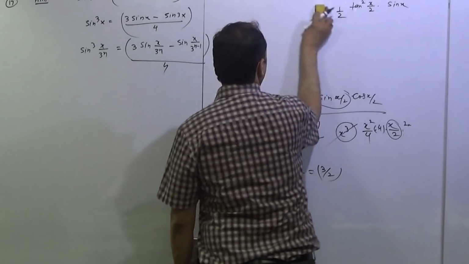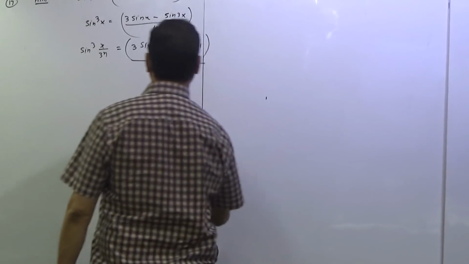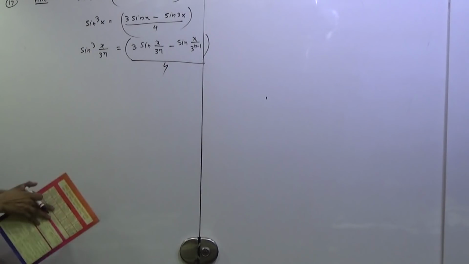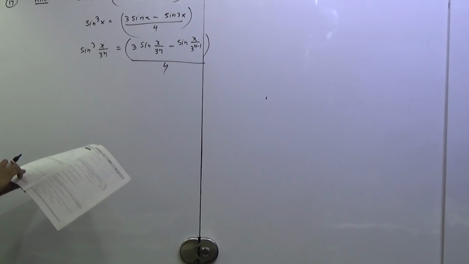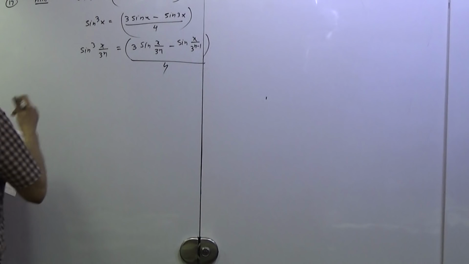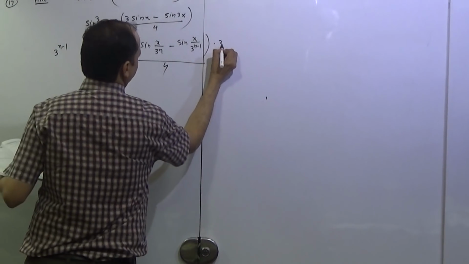You have something on the outside also, which you have to multiply, because you don't need sin cube x by 3 to the power n only. You need something else also in the question. This is question number 17. So it's 3 to the power n minus 1 also there, 3 to the power n minus 1 into 3 to the power n minus 1.